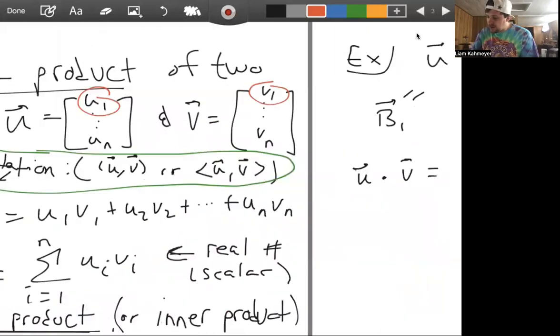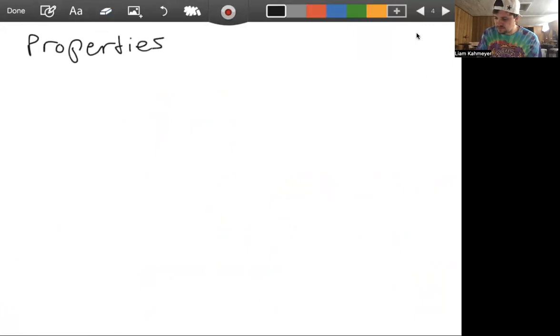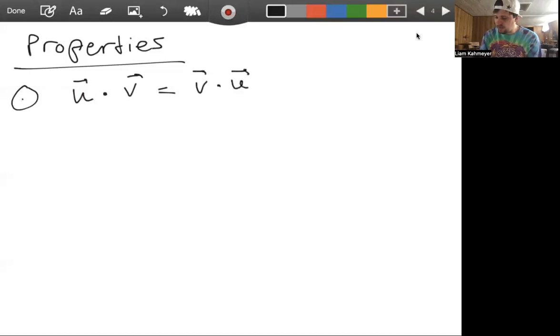So now that we know what the dot product is, and we've seen an example and a retroactive application to matrix multiplication, let's look at some properties. Okay, we have that the dot product is commutative, meaning u dot v is v dot u.